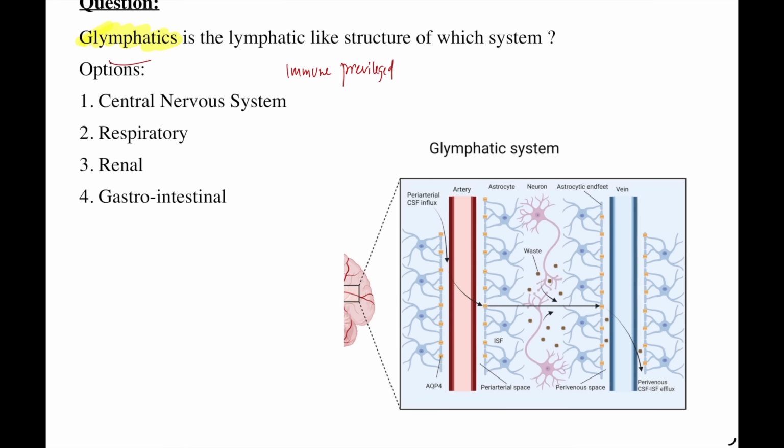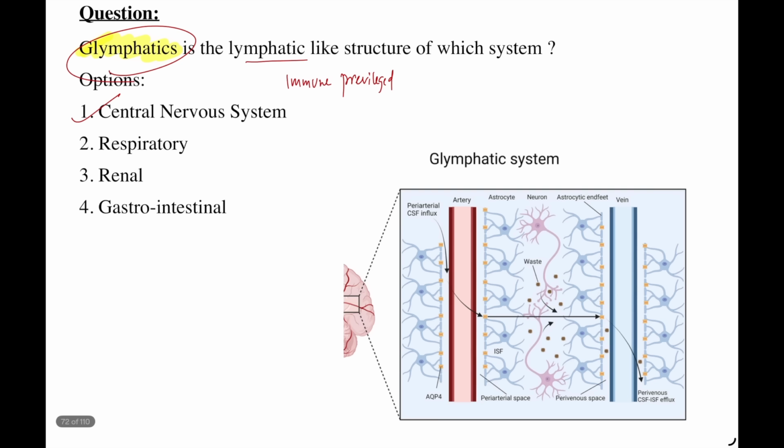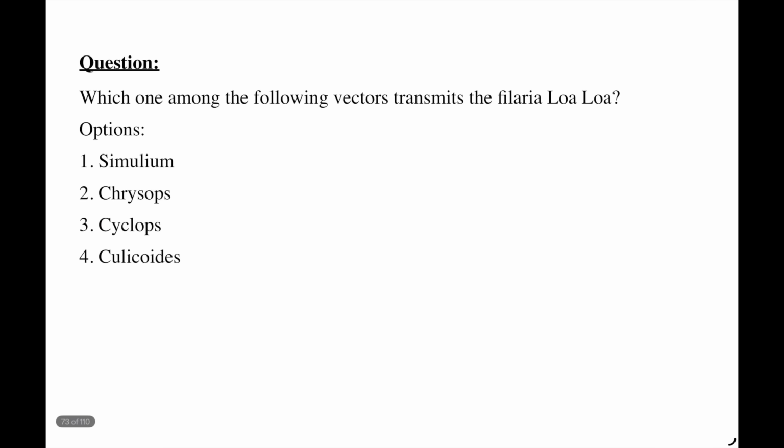One is G lymphatic system, which is CNS, and there is one more system, that is lymphoid-like structures, which is not that important for exam point of view. But for now, what you need to remember is the details I have given in the answer, full answer, which is part of the course. But G lymphatics is the lymphatic-like structure seen in CNS, central nervous system.